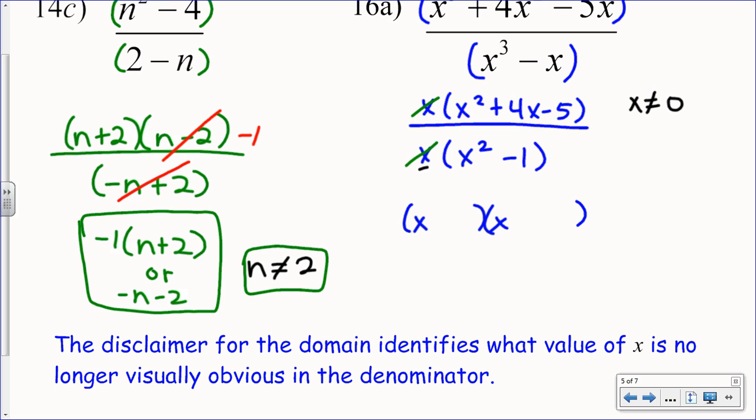Add to be positive 4. Good, so plus 5 minus 1. Can I factor x squared minus 1 more? Yes, that's difference of squares. So x plus 1, x minus 1.